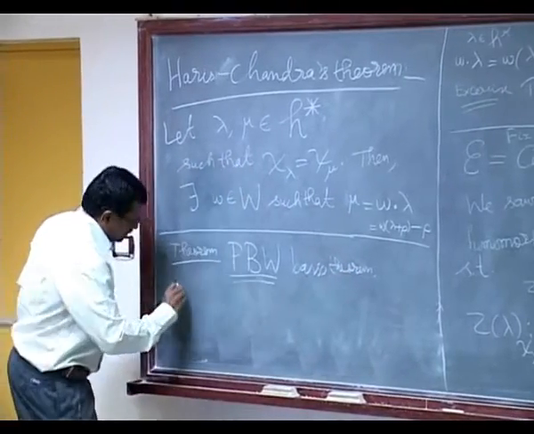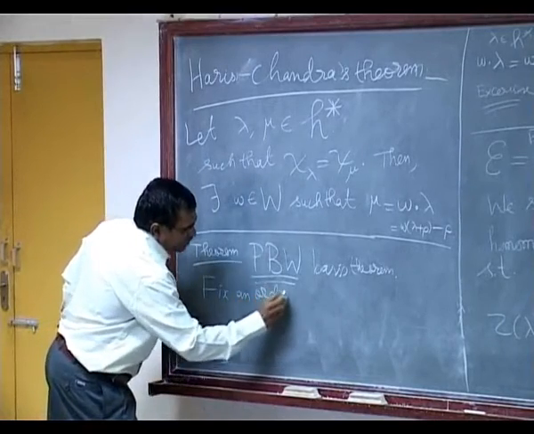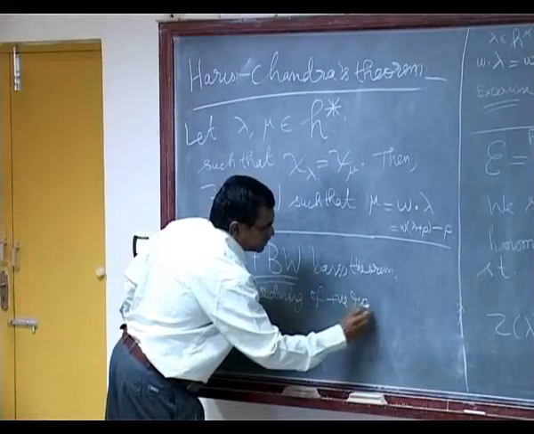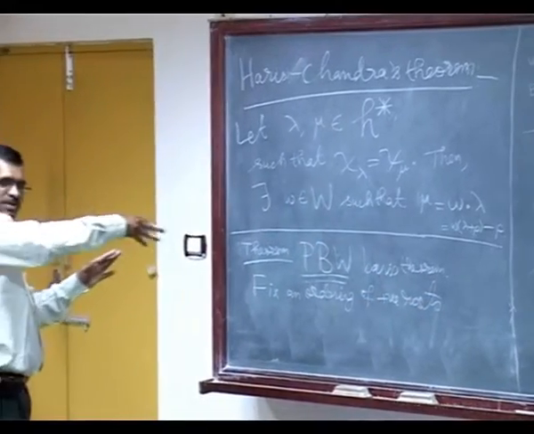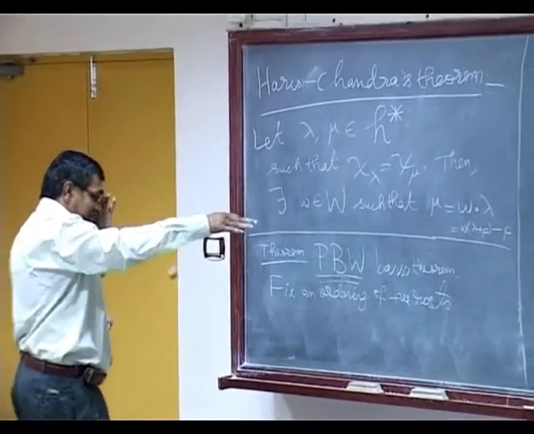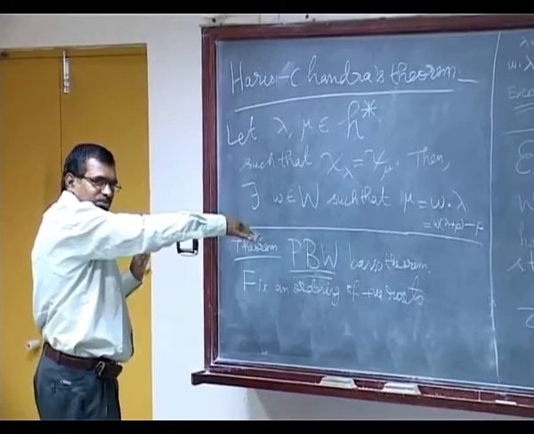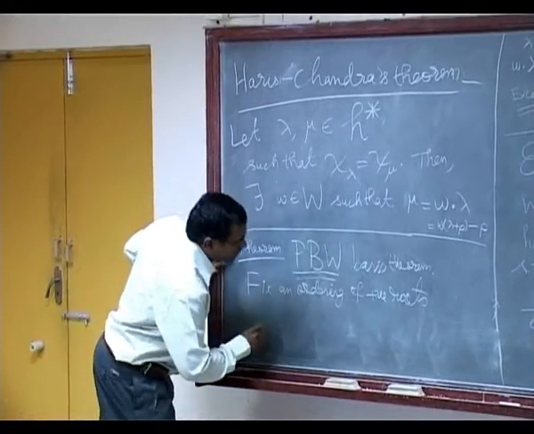We have this fixed ordering of positive roots. For example, you can choose it in many ways: you can choose the longest element of the Weyl group, choose a reduced expression, and take the positive roots made by it in that order. One choice.